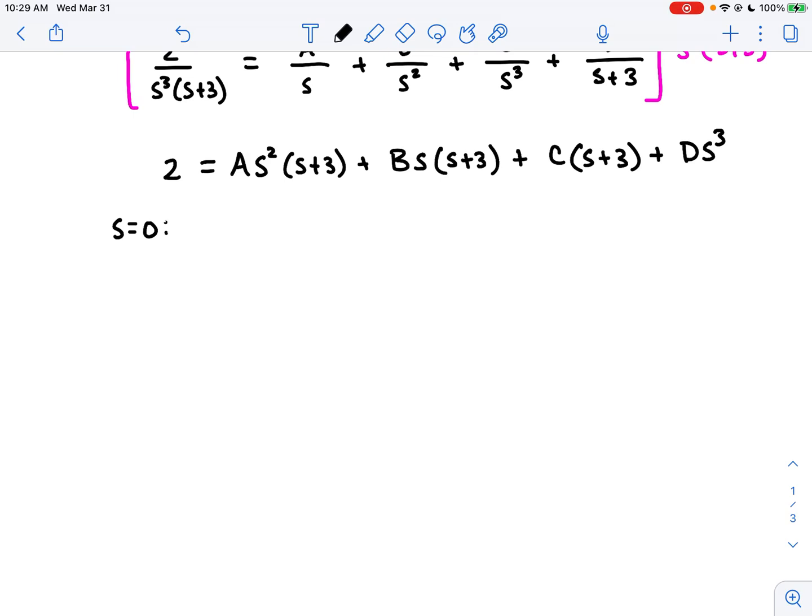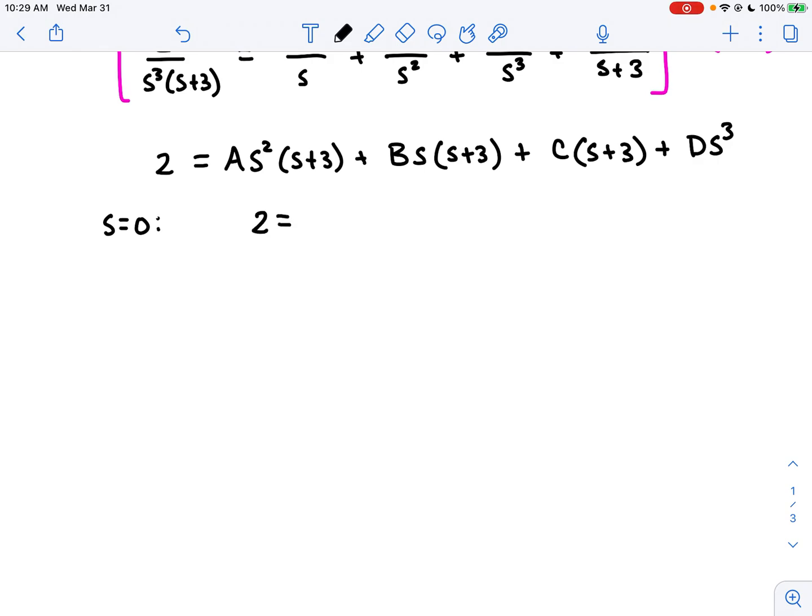And changing s to 0 leaves a 2 on the left side because there's no s's over there. This A term will cancel out, this B term will cancel out, the D term will cancel out, and we'll only get a 3C here, and that's it. So we get a bunch of zeros and then a 3C. So this tells me right away what C is. C has to be 2/3.